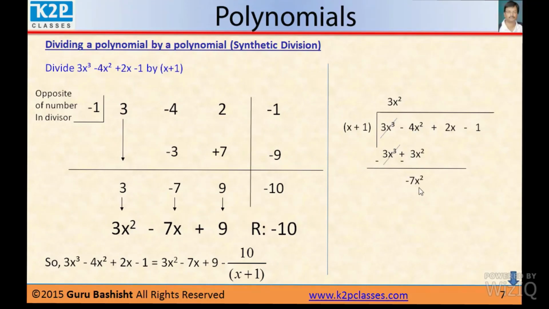Minus 4 minus 3x square, minus 7x square. This 2x will come here. Then to get minus 7x square, x should be multiplied with minus 7x. Then minus 7x into 1 is minus 7x. Subtract, change the sign. We cancel out here. 9x. And this 1 will come here. To get 9x here, we have to multiply here by 9.